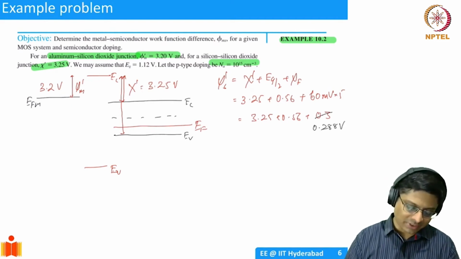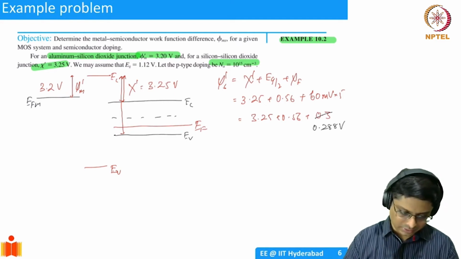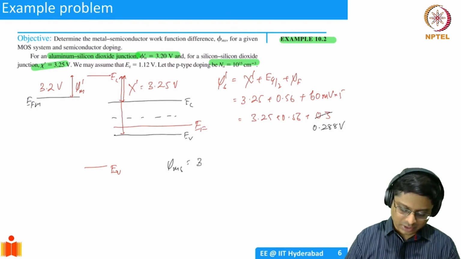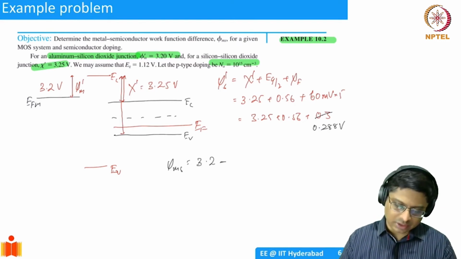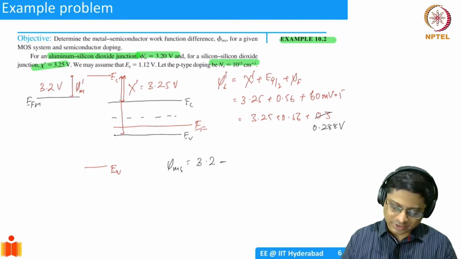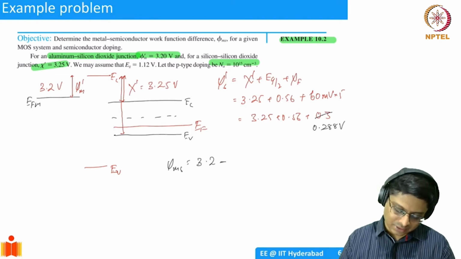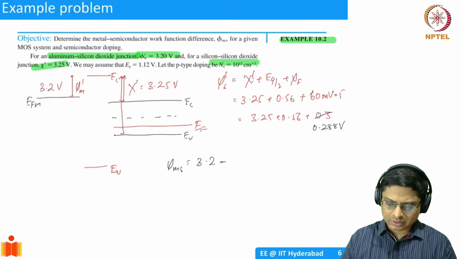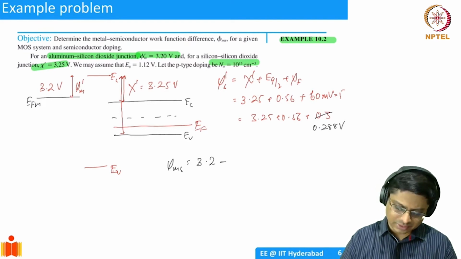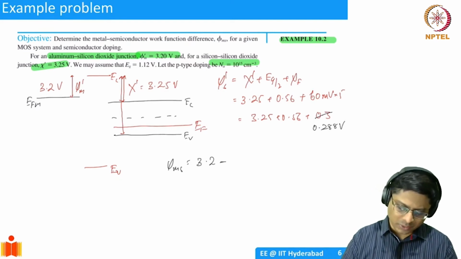Now phi ms is going to be simply 3.2 minus this quantity. 3.25 plus 0.56 is 3.81, plus 0.288, so this will be roughly 4.1.